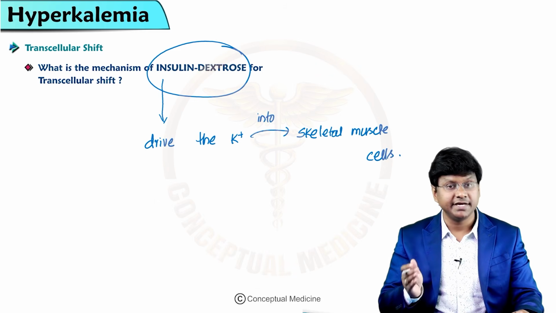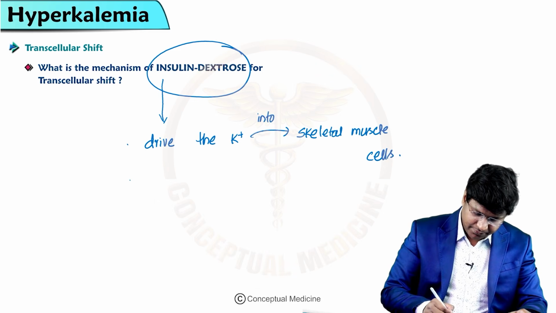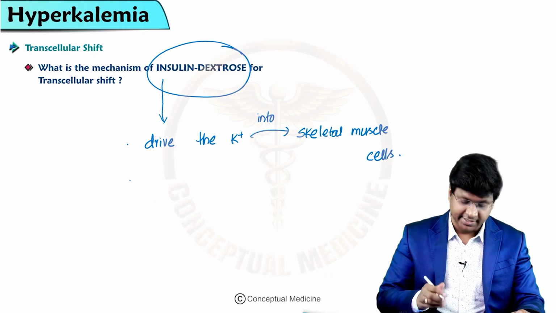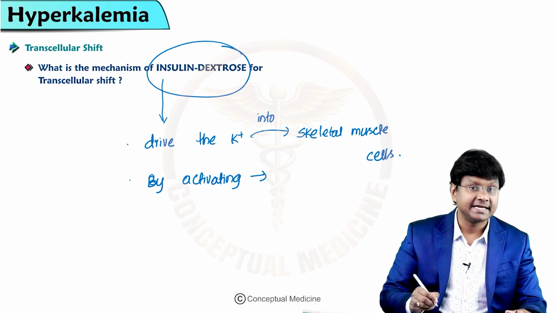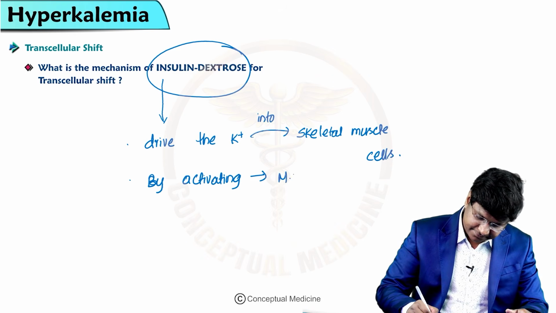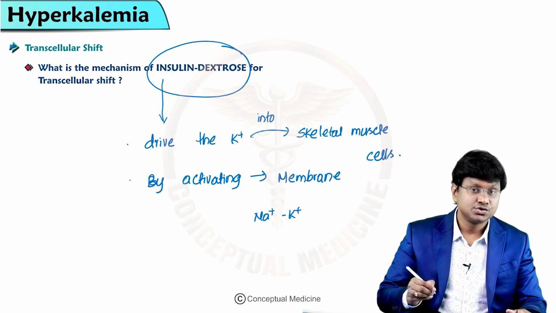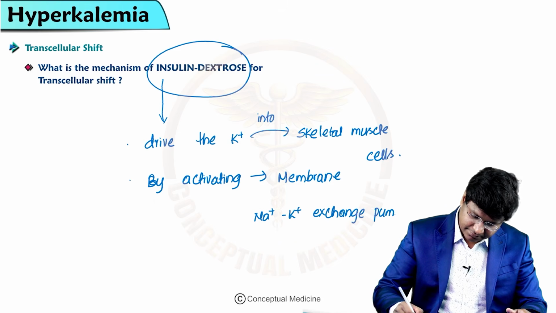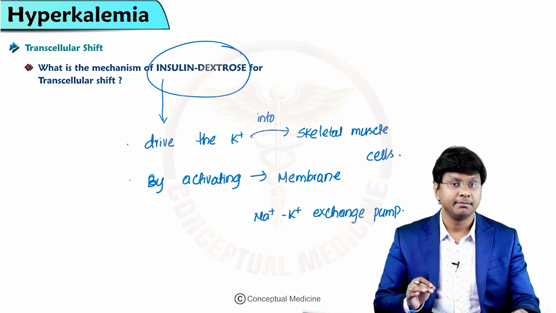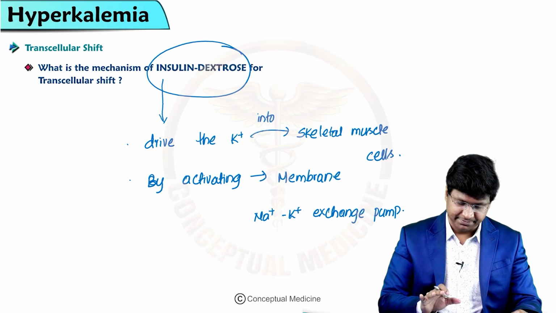Insulin will drive the potassium into the skeletal muscle cells. How will it drive the potassium into the skeletal muscle cells? That is by activating the membrane sodium potassium exchange pump.